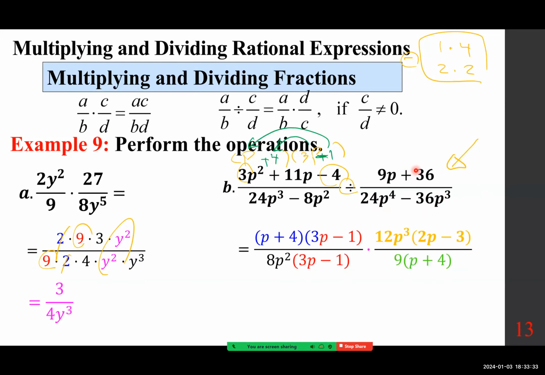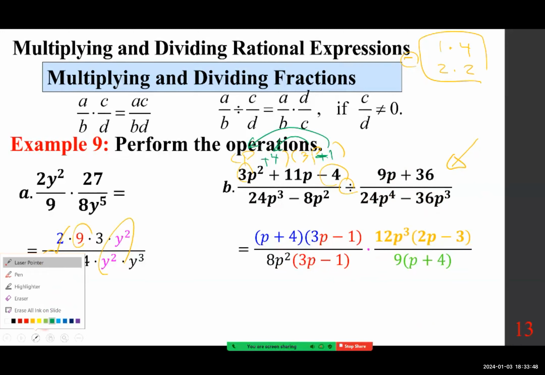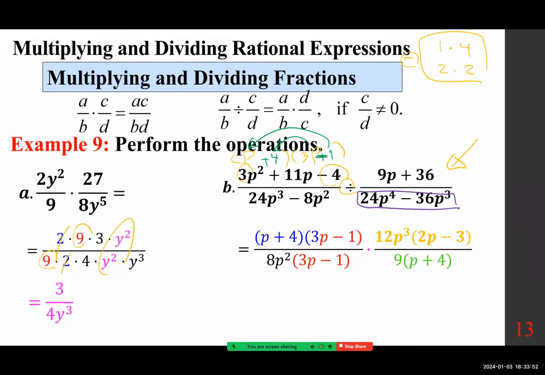So take a look at each piece. So again, this one I had it up here. This one, you take the 8p squared out. It leaves you with 3p minus 1. This is 12. This goes up, this goes to the numerator, everybody.